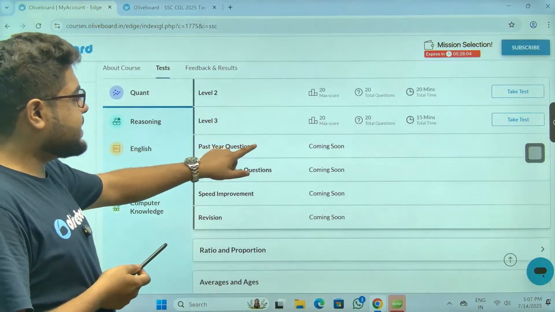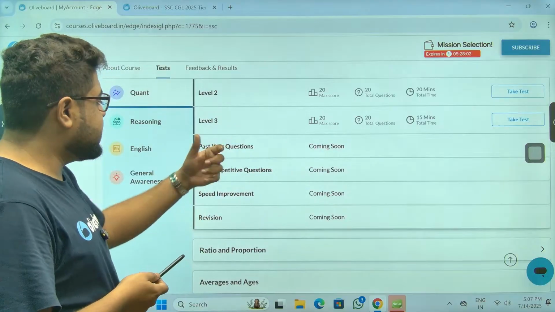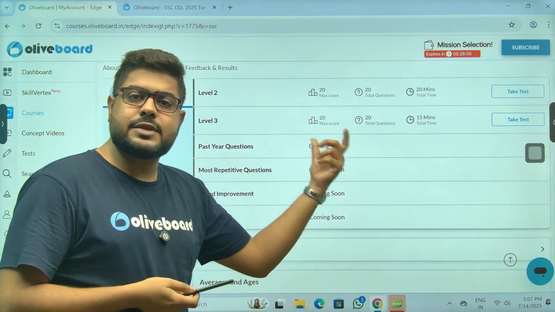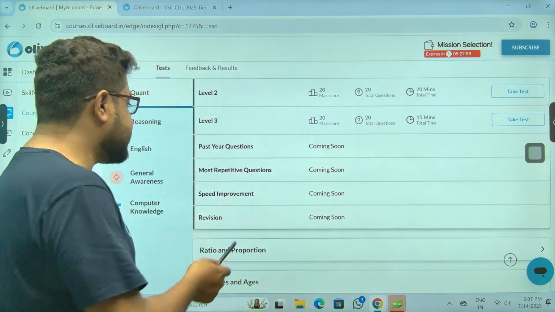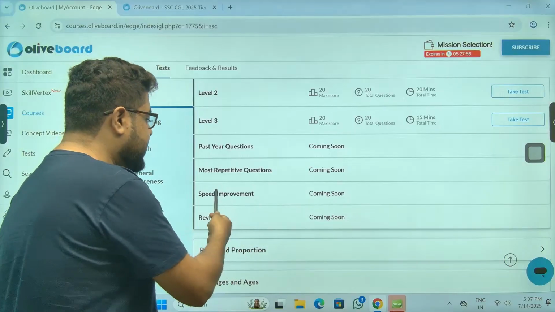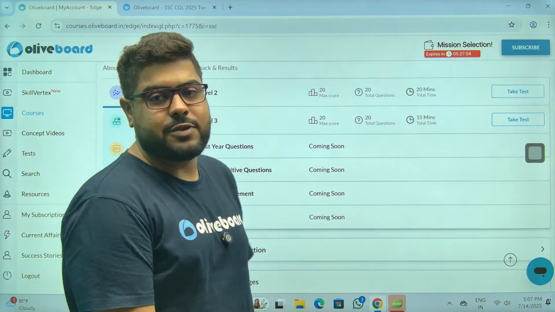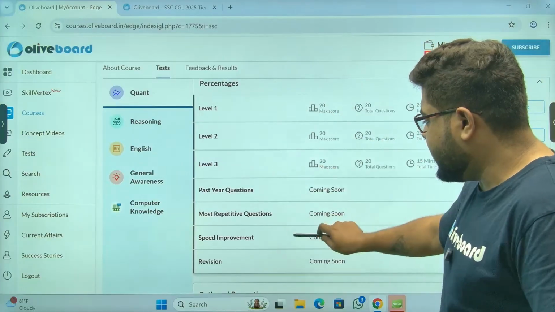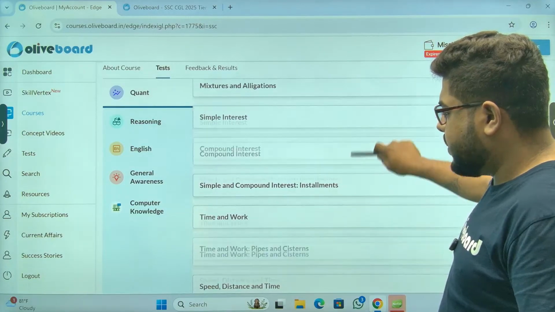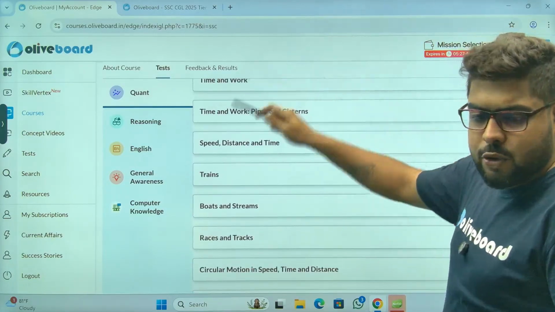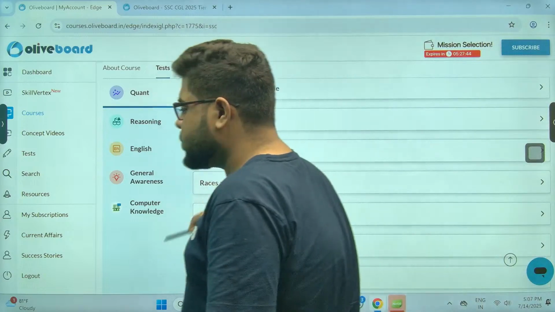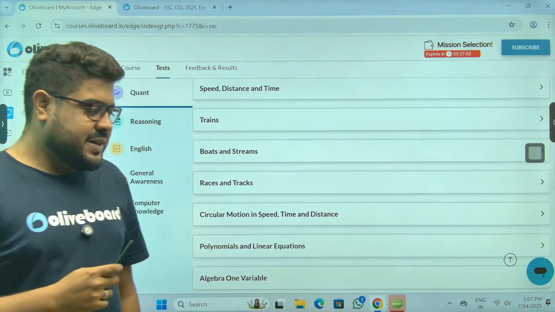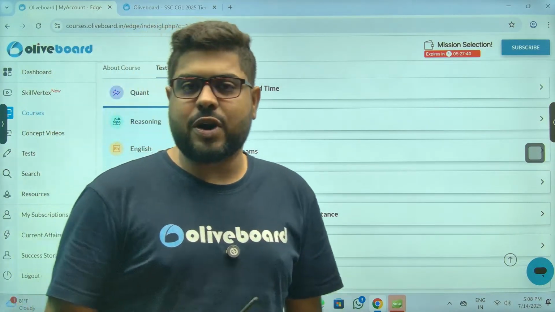Then one test based on past year questions, with the most repetitive questions from previous years. Then the speed improvement test, and last but not the least, revision tests. So this is a total of 7 levels for each and every subtopic. Not only chapter, we have broken it down to subtopic levels, as you can see here.